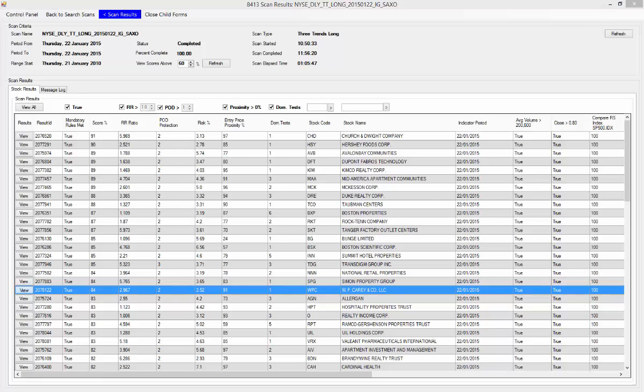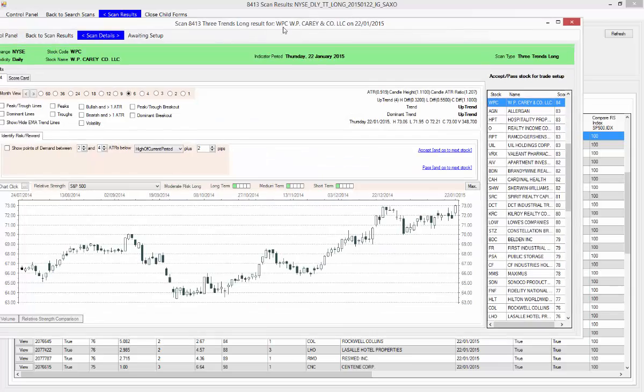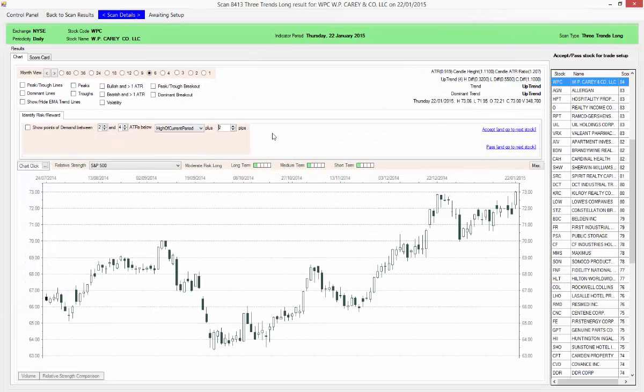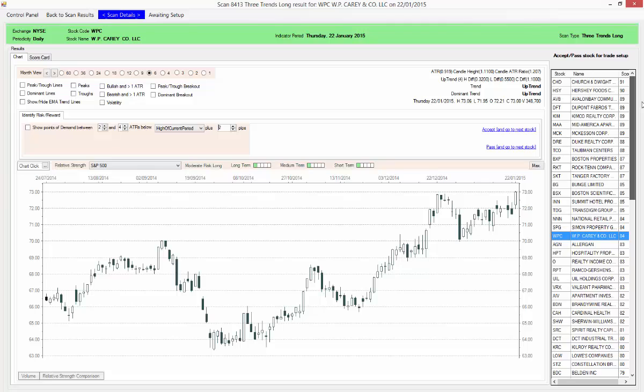So clicking the view button, and that same list that we were looking at has been brought to you now in chart view, and it's highlighted to you the stock that we're going to be looking at, WP Carey & Co.